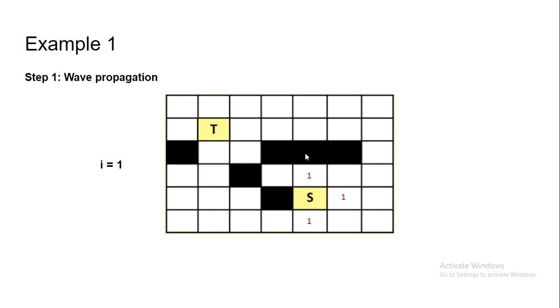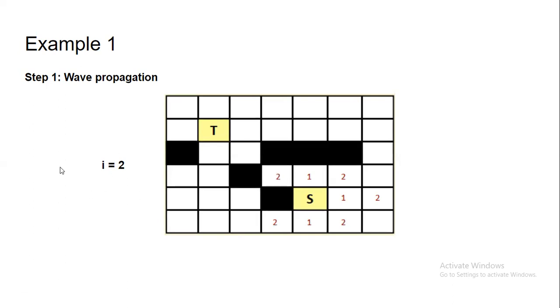Left is blocked, so right, up, down: these blocks should be denoted as 2. Then from this one, up, down, right; left is blocked. Already 2 is placed here, so only this block and this block. And from this 1, left, right, up is blocked. There is no down block. So in this way, you will get what?